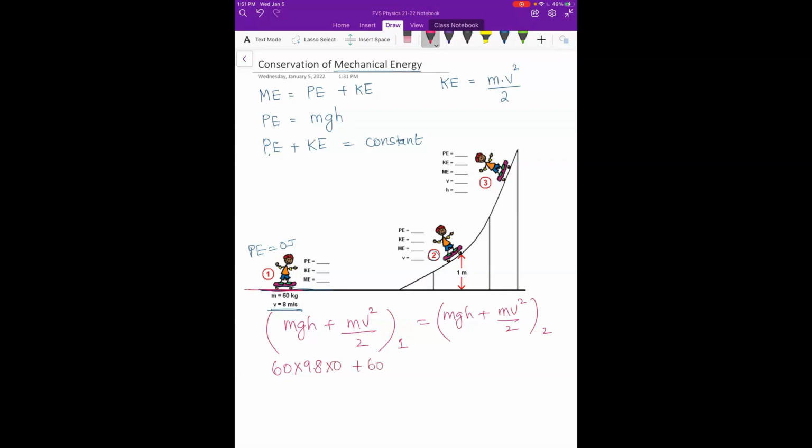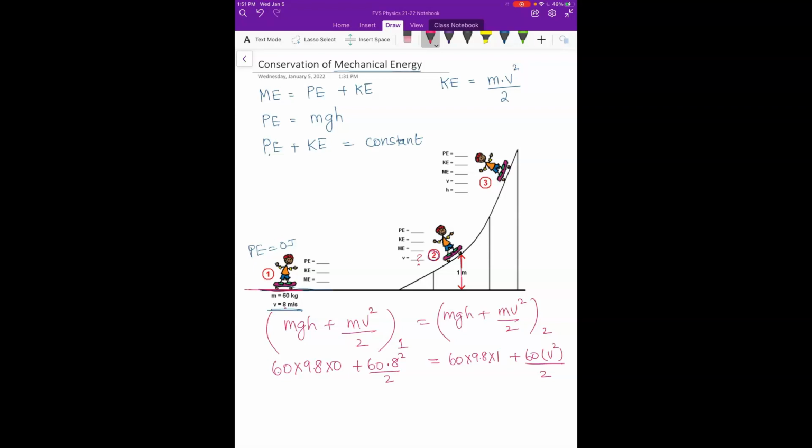Plus 60 times the speed is given to us as 8 squared divided by 2 equals, when we get to position 2, the height here is given as 1 meter. So 60 times 9.8 times 1 meter plus 60 times the speed is what we want to calculate here. So that is our unknown. So 60 times v squared divided by 2.